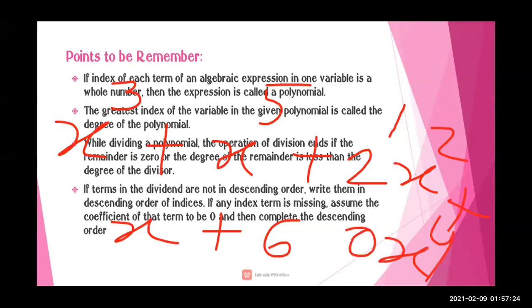Is it clear? x^4 is missing, but the variable doesn't change, so the variable remains x only. So you write 0x^4, then the next will be 2x^2. Is it clear? In this way you write the expression in descending order, and then you solve it. If it is not in proper order, you make it descending, and then you solve it.